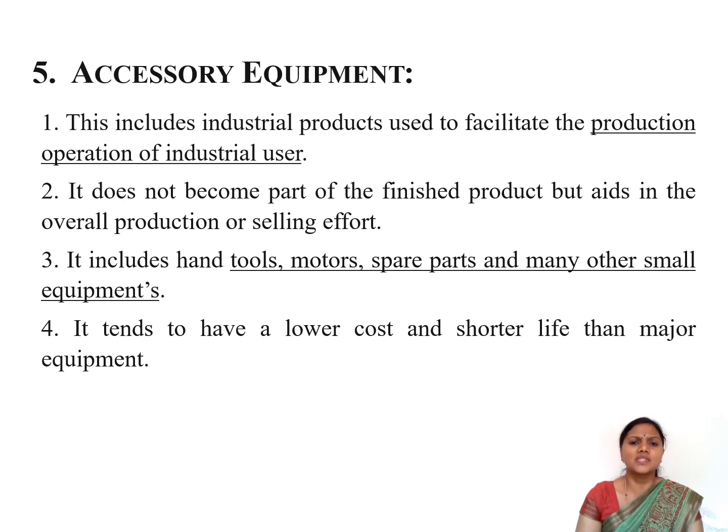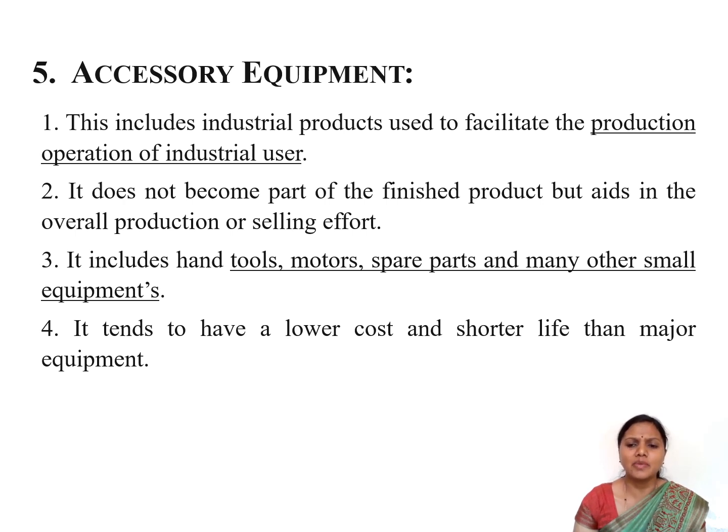So in the production process, these accessory equipments will be used. It does not become part of the finished product. So it will not be used as it is. It will just help or aid in the overall production of the product. So in the production of the main product, these accessory equipments will be used, but accessory equipment will not become part of the finished product.